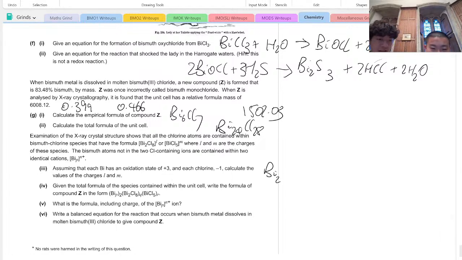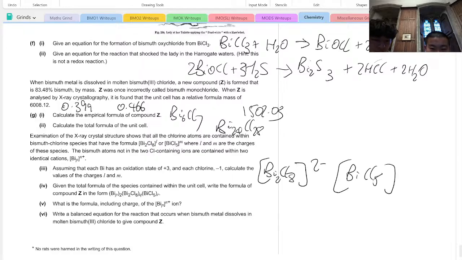So Bi2Cl8 2 minus, BiCl5 2 minus. The bismuth atoms. Now all the chlorine. Oh my god, we have to solve a Diophantine equation. So there's 1 of these, there's 4 of these.